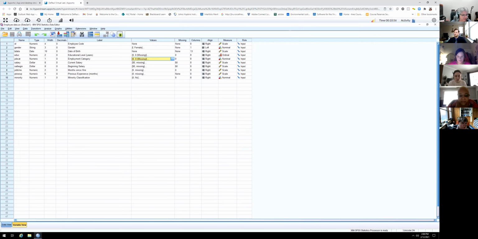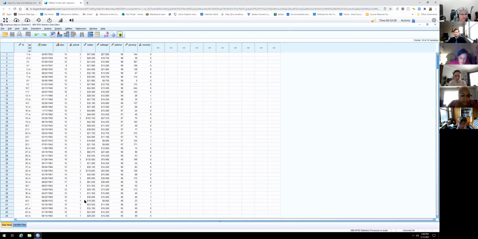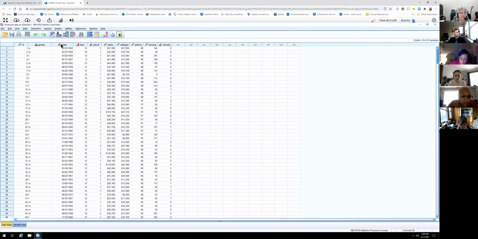All right, let's take a look at the data view here. This is where all the data is that we're going to actually analyze, and you can see that it's inside of these columns. Just to repeat, what goes in the columns in a data spreadsheet?